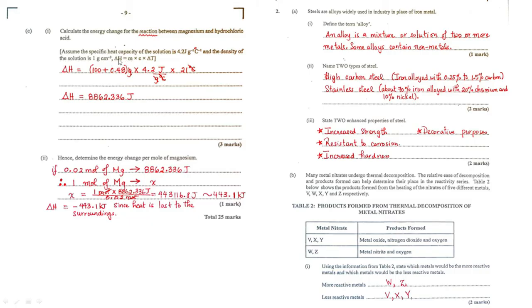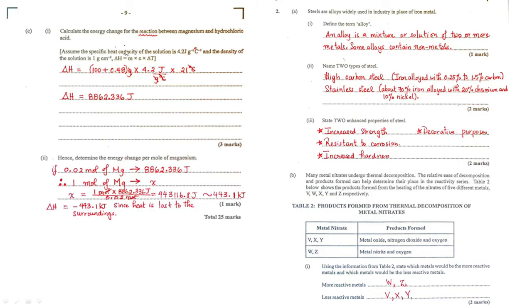And we're going to do the enthalpy of reaction, which would be mass times specific heat capacity times the temperature change. So we are given the specific heat capacity, we're given temperature change. We just need to use the mass, and the mass of the acid, which would have been the volume of the acid.